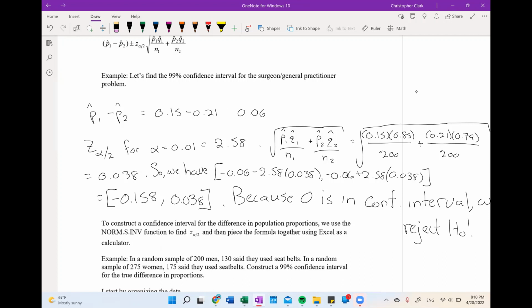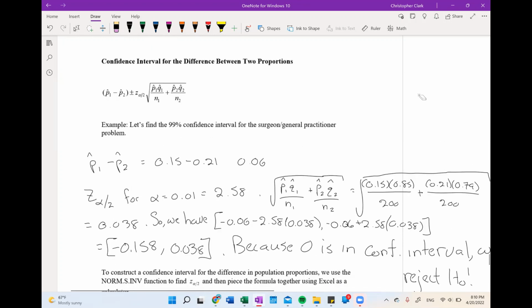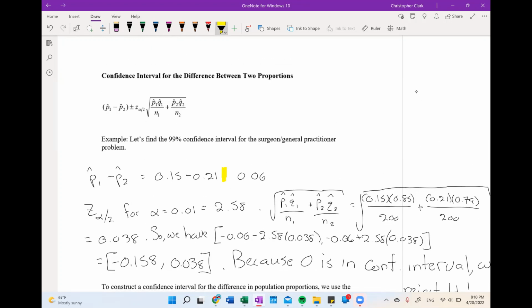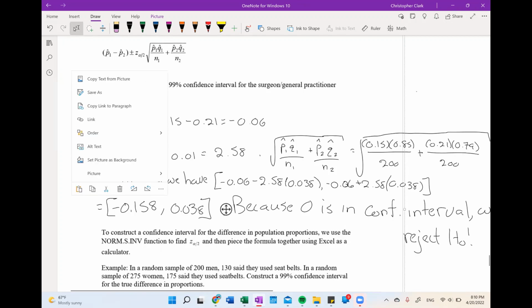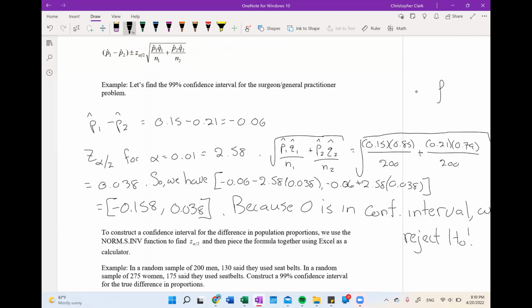That's a little bit hard to read, so I'm just going to make that a little bit more obvious. There you go. Okay. And then if we do our Z alpha over 2, so for alpha is 0.01, that's 2.58.